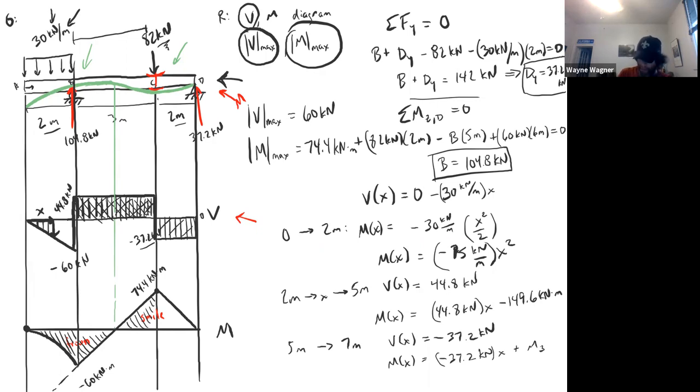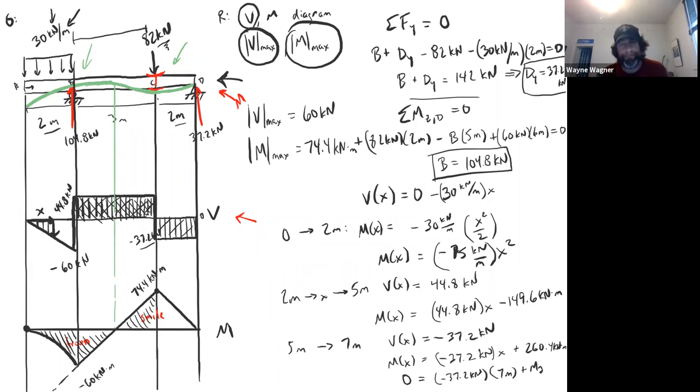And then we would just solve for M3 by plugging in a point that we know. Easiest point here would be that the moment is 0 when x is 7 meters. Then plus M3. So that means M3 would end up being 7 times 37.2, which is 260.4 kilonewtons times meters. Sorry, it's getting a little small in there.